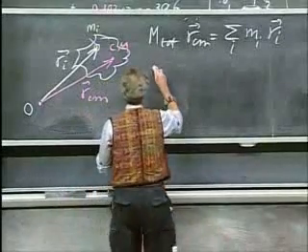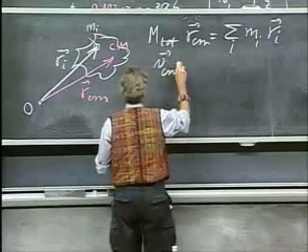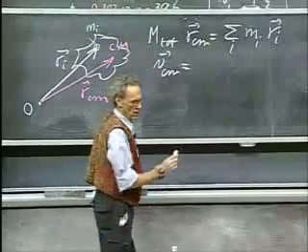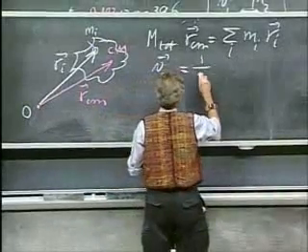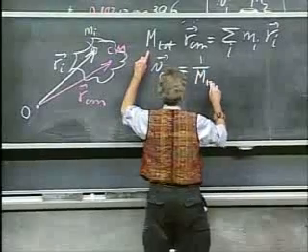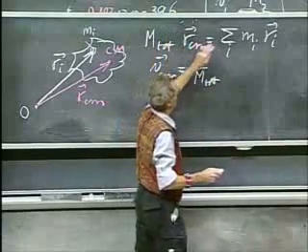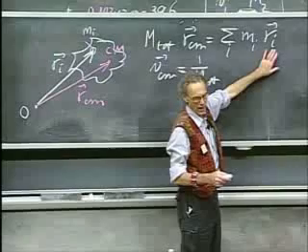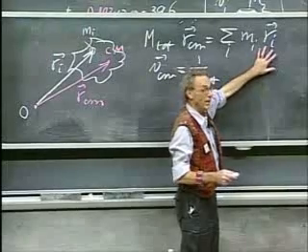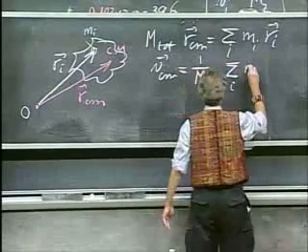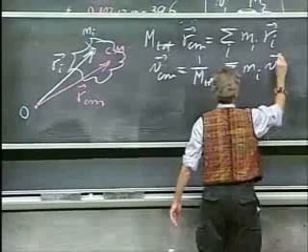V center of mass, I find that by taking the derivative of this equation, equals 1 over the total mass. I bring this on this side. I take the derivative here. And so here I get the sum of m_i times dr_i/dt. And so this is the sum over i of m_i v_i.